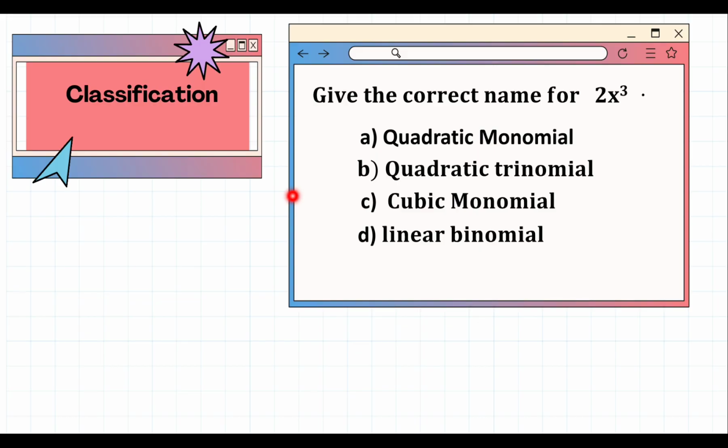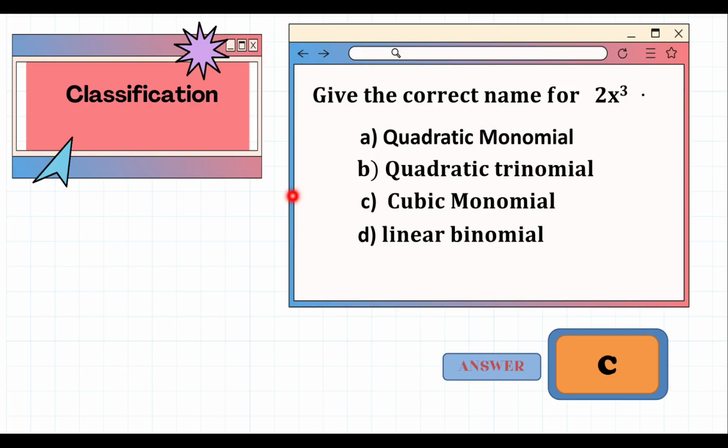Or is it a linear binomial? Combining now the degree and the number of terms. So what is the answer? It's letter C. It's a cubic monomial. What is the degree? 3. How many terms are there? 1. So it's a cubic monomial.